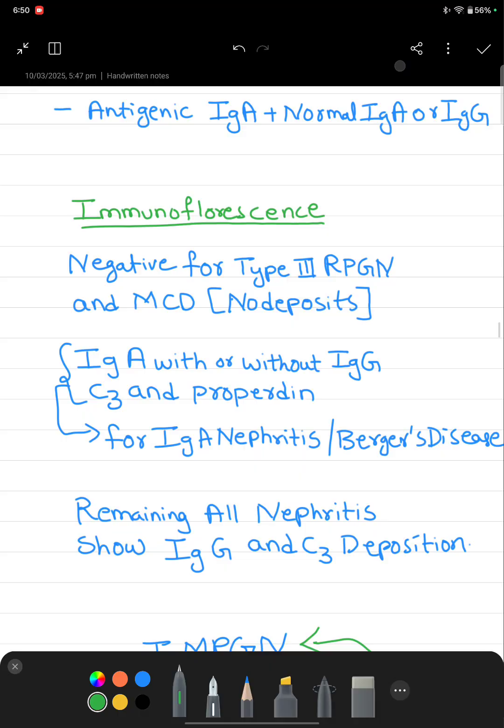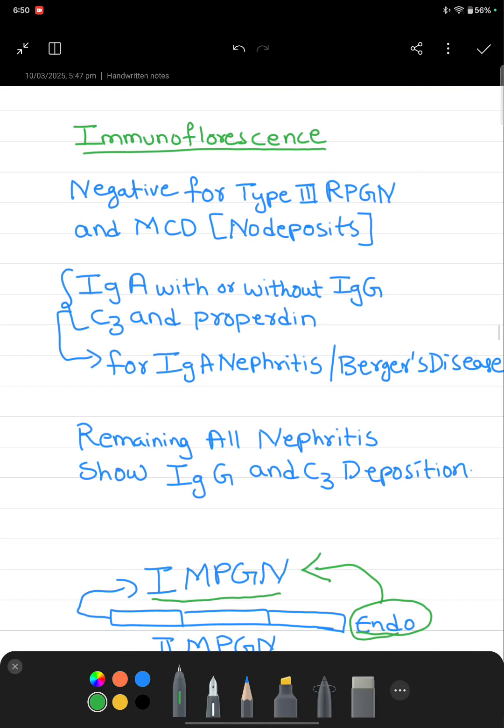Now let us see the immunofluorescence topic. We have to remember only 3 points. It is negative for diseases which do not have any deposits. We already know that minimal change disease has minimum, so no deposits. RPGN type 3 did not get any MP seats, so it also does not have any deposits.